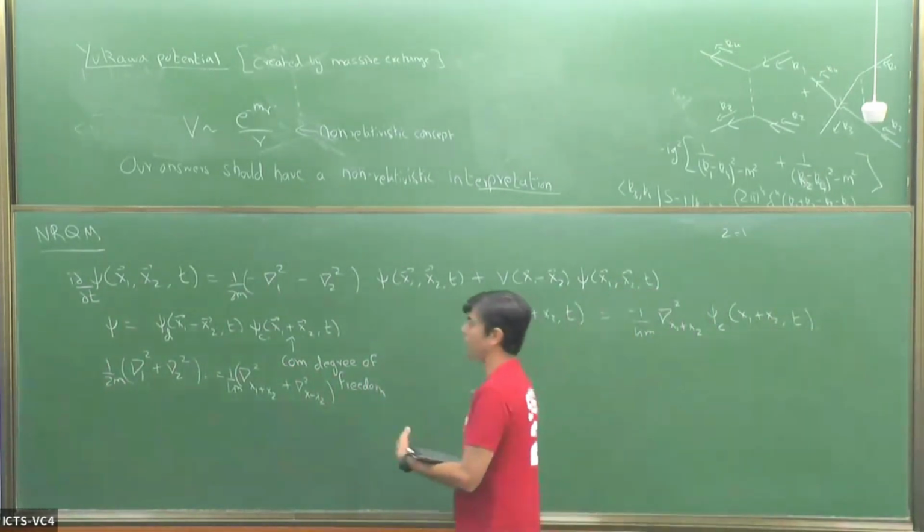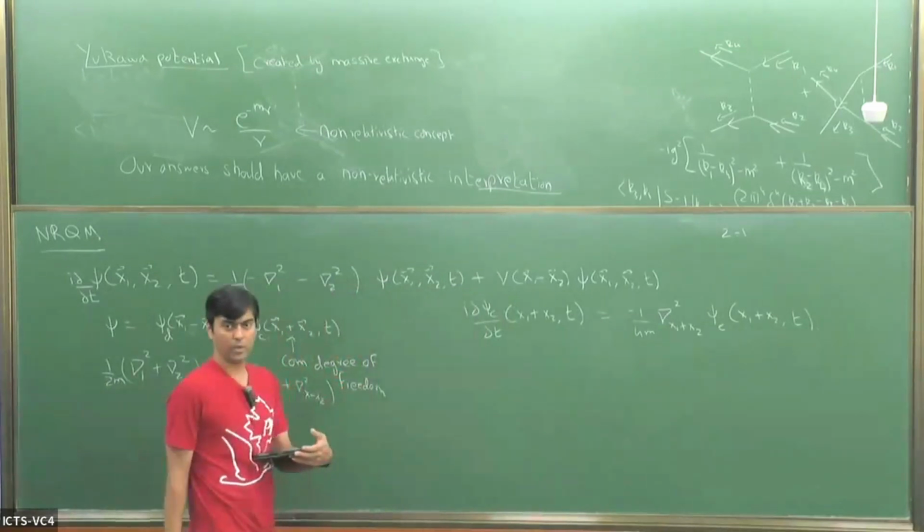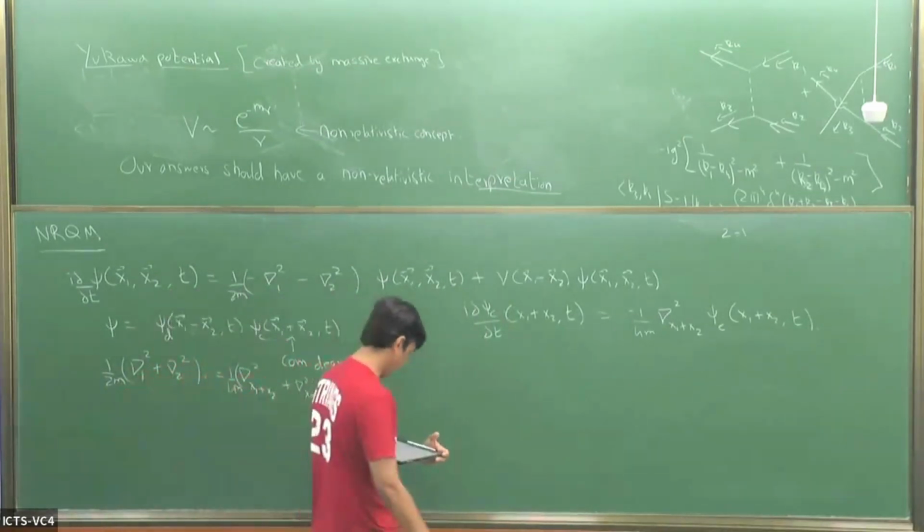So the equation of motion for the center of mass is this, and then there's an equation of motion for the difference.